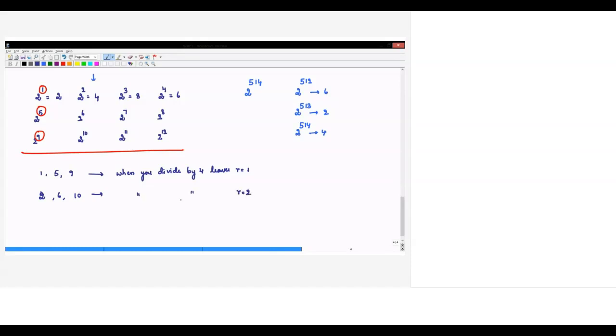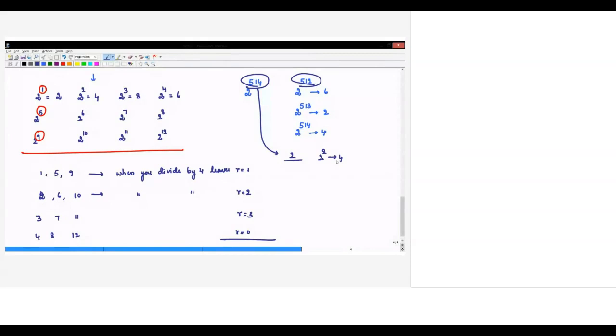So when you divide 3, 7, 11 by 4, it leaves remainder 3. 4, 8, 12, when you divide them by 4, it leaves remainder 0. So simply what you need to look at is the power. Divide it by 4. If I divide it by 4, it leaves remainder 2. Remainder 2 means 2 power 2, which gives you 4.